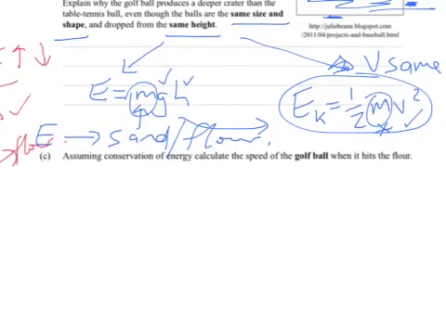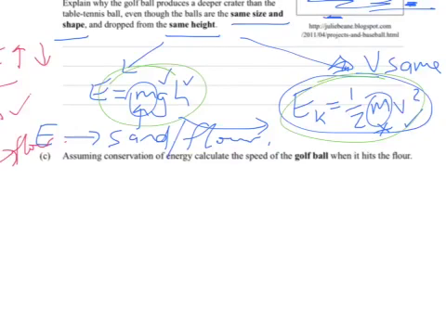Now, moving on to the next question, we've got conservation of energy. Calculate the speed of the golf ball when it hits the flour. They haven't spoken too much about energy prior to this, but if you did follow through with the gravitational potential energy, kinetic energy kind of idea, you would now approach this question and be sweet as.